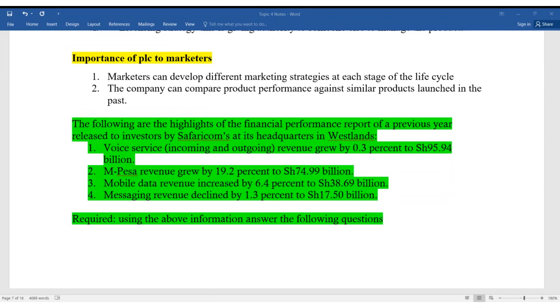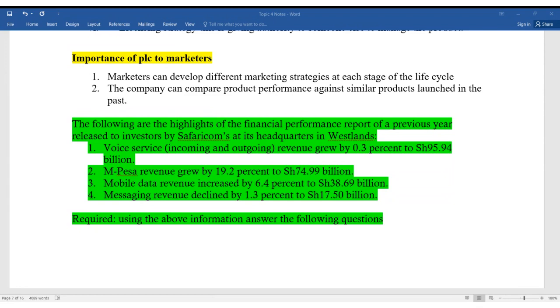That's why there are sales revenues indicated there, especially the growth. I want you to focus on the growth, the percentage growth, okay?